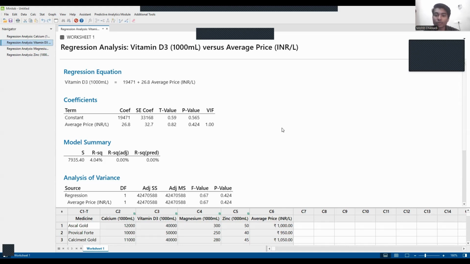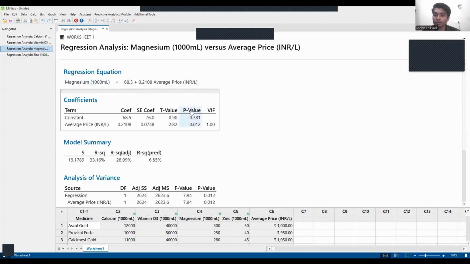Okay, so next we will go ahead with magnesium. For magnesium, we can see that the equation that we got was 68.5 plus 0.218 into the average price. This time the R squared value is a bit better, 33.16 percent. This means that we can better predict the content of magnesium using the average price than we could vitamin D3 or calcium.